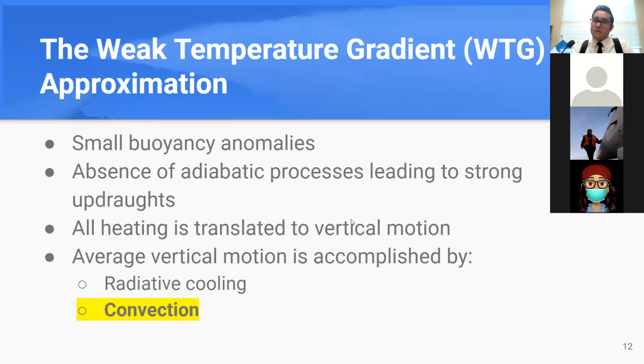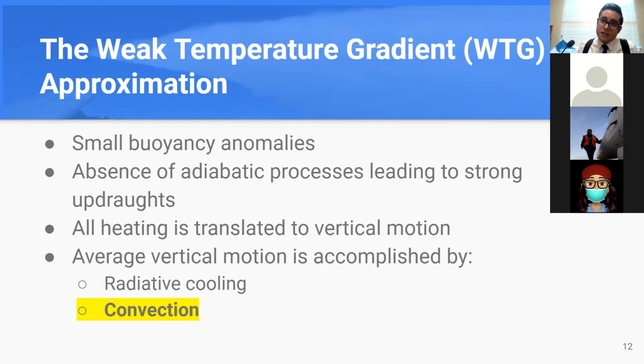So what about the weak temperature gradient approximation? A few features can be considered through years and years of research. Several authors have found that there are small buoyancy anomalies. There is an absence of adiabatic processes leading to strong updrafts, so vertical velocity is not expected to be as strong in the tropics as it is elsewhere.